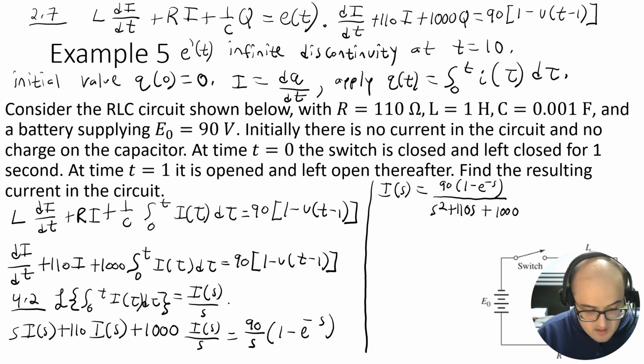So, because of this, we could use those partial fractions to get that 90 divided by s squared plus 110s plus 1,000.